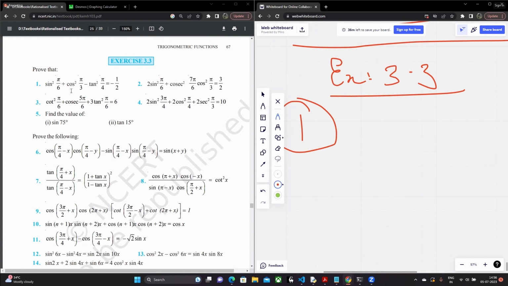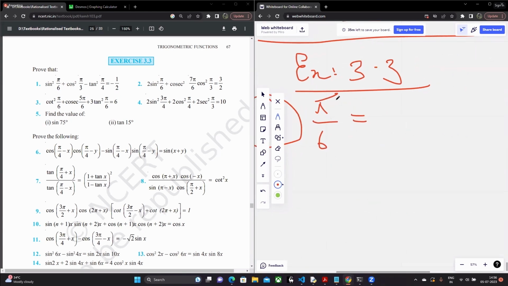So the first question: prove that sine squared pi by 6 plus cos squared pi by 3 minus tan squared pi by 4 is minus 1 by 2. Pretty easy. First, notice that each of these angles is a standard angle, right? Pi by 6, if you remember your radian conversion formula, is basically 30 degrees.